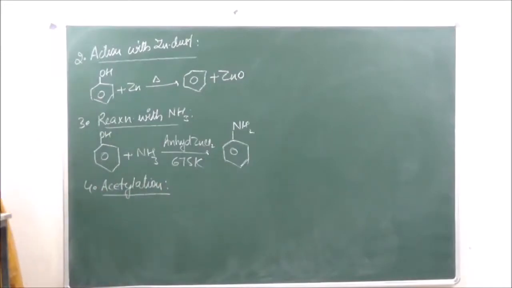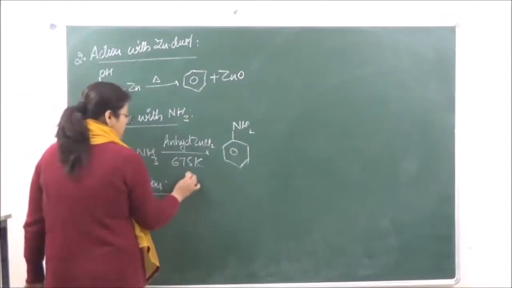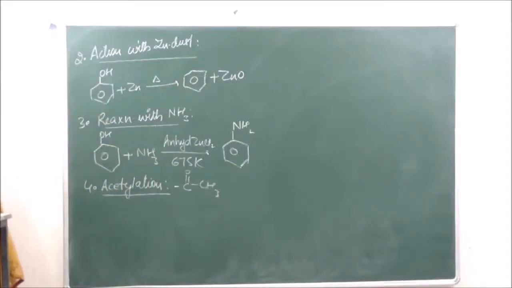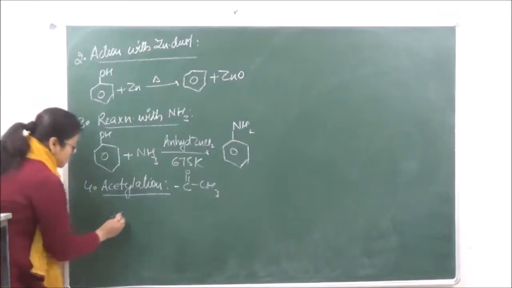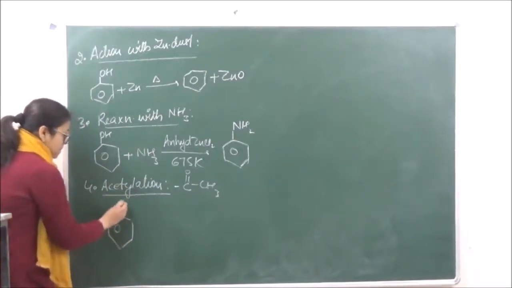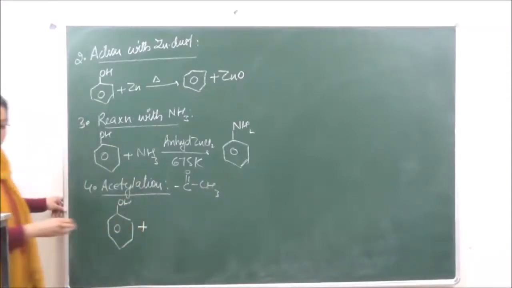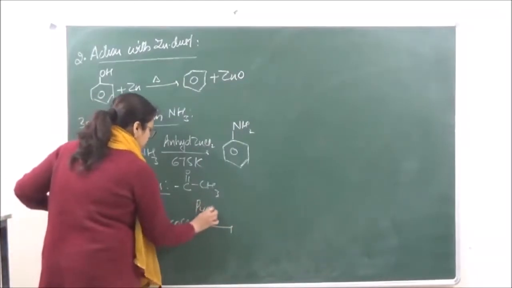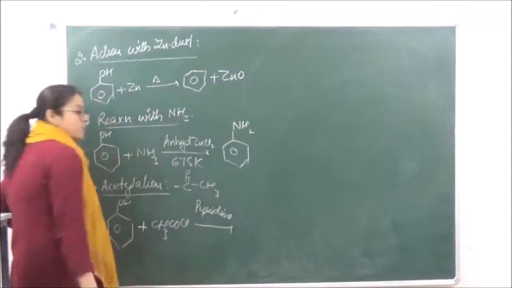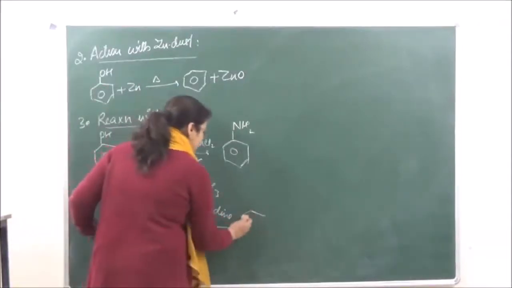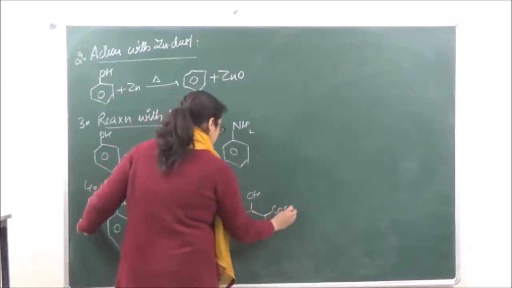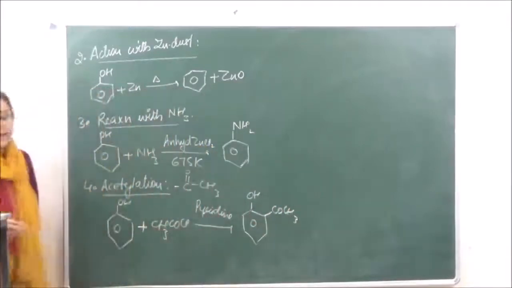acetylation reaction. Acetylation reaction is the introduction of an acetyl group. Acetyl group is the COCH3 group. So over here we are going to react it with acyl chlorides. The reaction takes place in presence of pyridine, when the acetyl group is going to be attached at the ortho position.